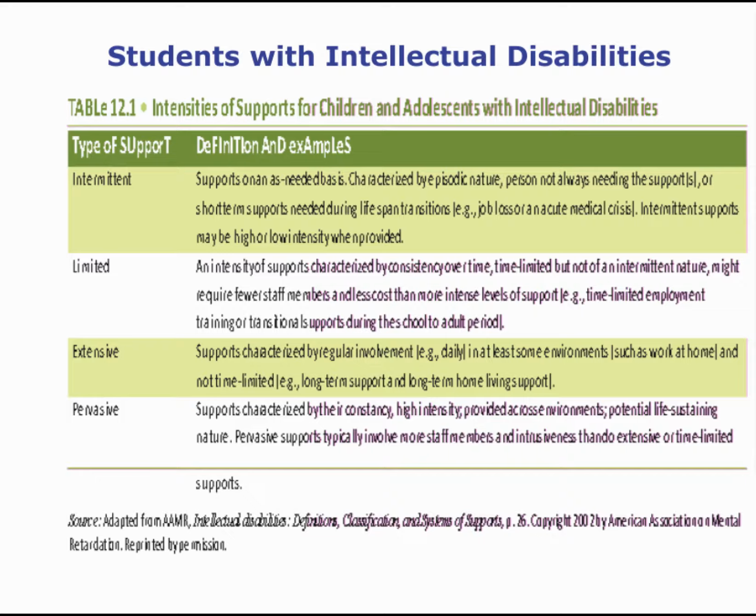When you look at table 12.1 on page 305, you're looking at the different types of support. Intermittent is usually a pretty high functioning person with intellectual disabilities because the support is only on an as-needed basis. Characterized by episodic nature, person not always needing the support, or short-term support. My brother actually has a really high IQ, and he has autism, and he also has cerebral palsy, and he's deaf and mute.